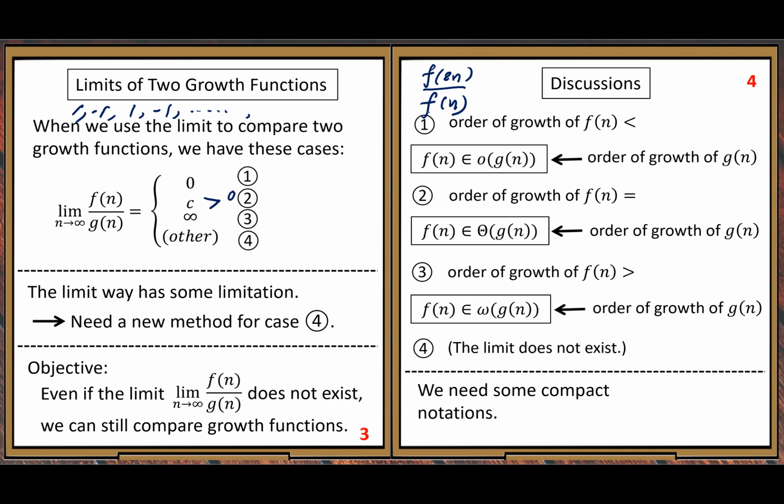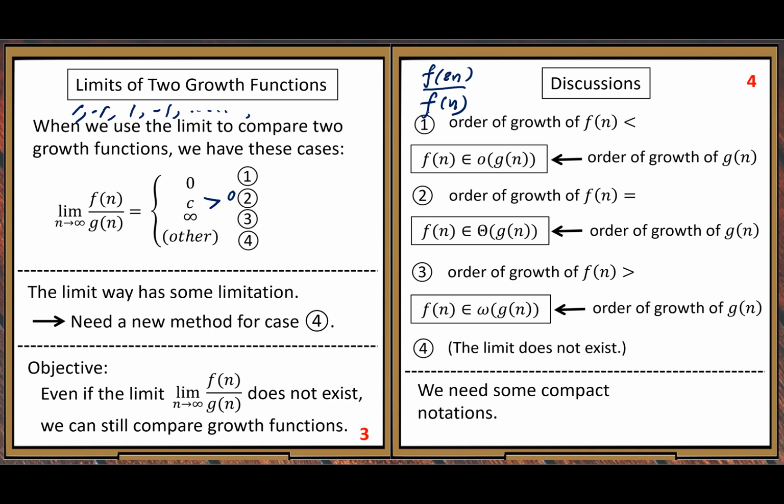Here is another explanation. When we use math understanding, f of n is a function. In math, what do you mean by f of n belongs to little o of g of n? What is the mathematical object here?